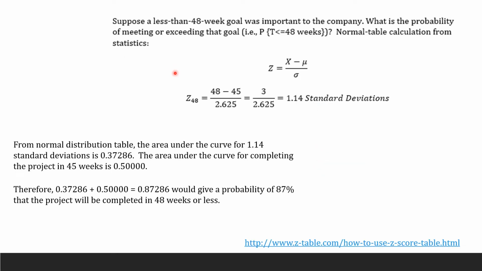So let's get into some calculations about your probability review here. Now you're given a scenario. Suppose a less than 48-week goal was important to the company. What is the probability of meeting or exceeding that goal?